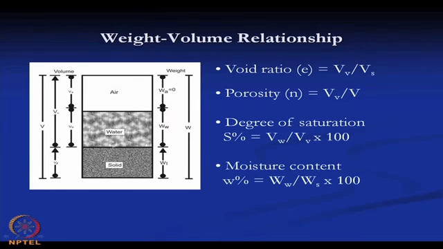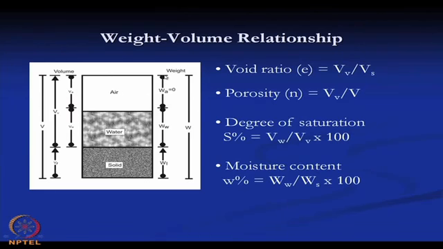The water and air are present in the voids between the solids. So, if we sum these two volumes, that will give us the volume of the voids. That is VV equals VW plus VA, and the total volume is V.